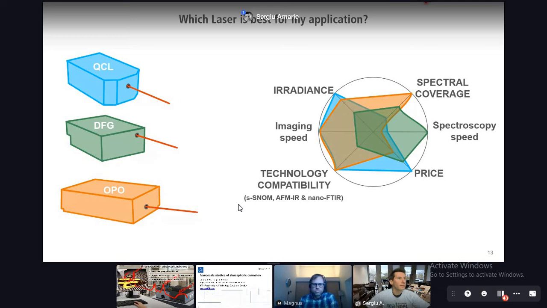Regarding the price, it's definitely an expensive laser compared to the QCL and the DFG. After the webinar, my colleagues will contact you and discuss directly, because it also depends on the specific configuration and all the options that we have.